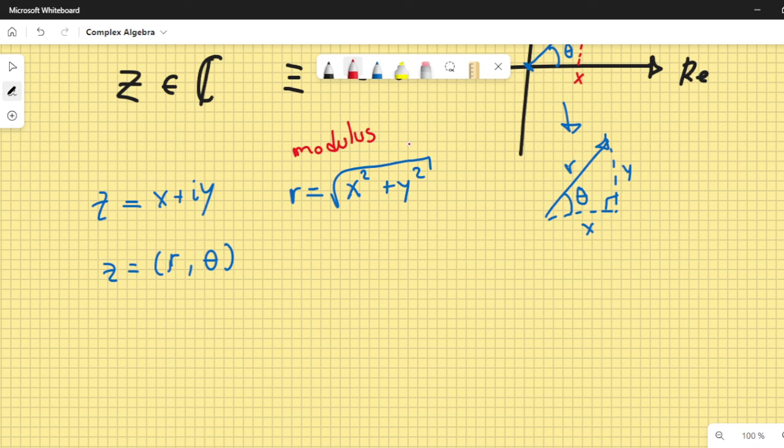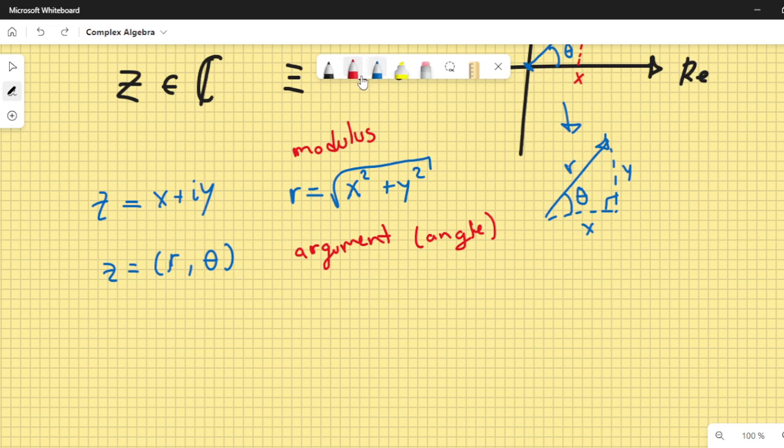Modulus, which in Spanish is el módulo, of the complex number, and we also have the angle, which here we call the argument of the complex number, aka the angle. In Spanish it's the same, el argumento.